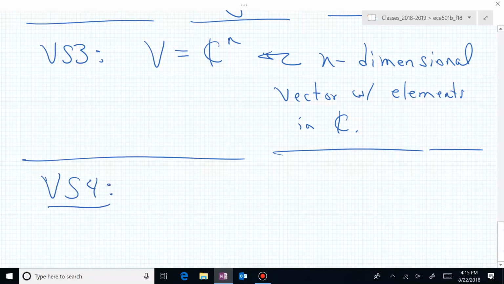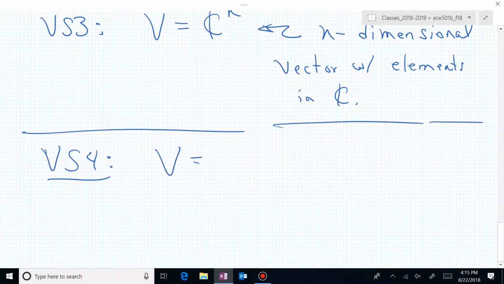Vector space number 4. Suppose V is now M sub m by n. So it's an m by n matrix, where each of these entries in that matrix are complex. We now have a complex matrix that's m rows tall by n columns wide.